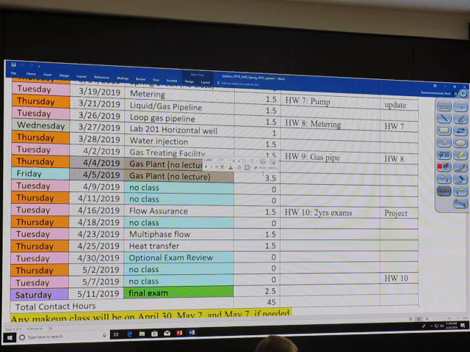We'll have lunch available out here in the courtyard on Thursday about 11:30, and also on Friday 11:30. There'll be a box lunch out there you can pick up.